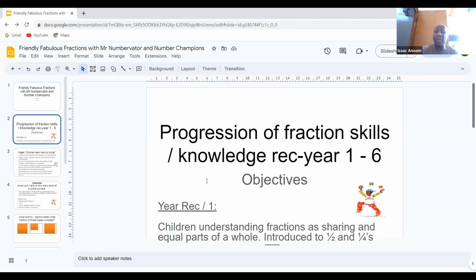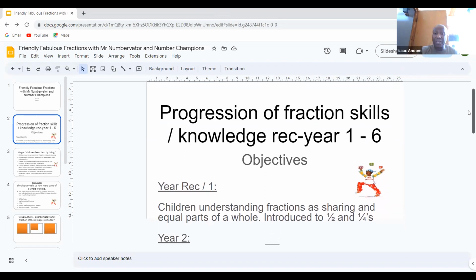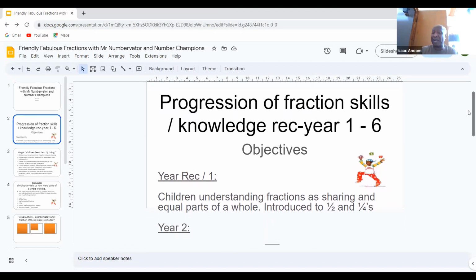For example, with reception and year 1, what we're looking at is children understanding fractions as sharing. So from a young age, I'm sure you've all done it before at home with your families and friends. You might have a pizza, you cut it into halves, you cut it into quarters, and you share.